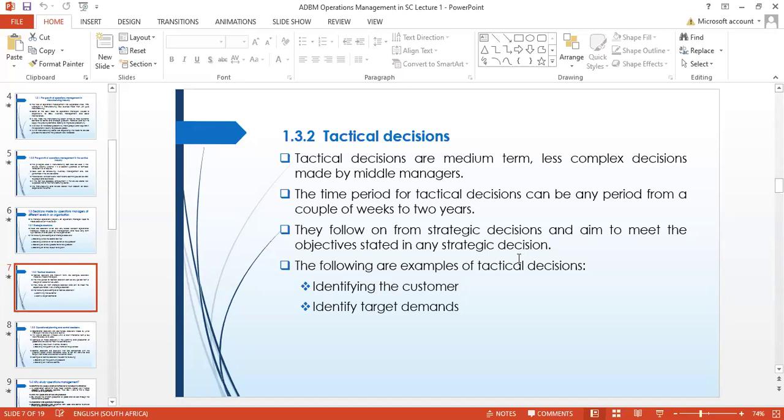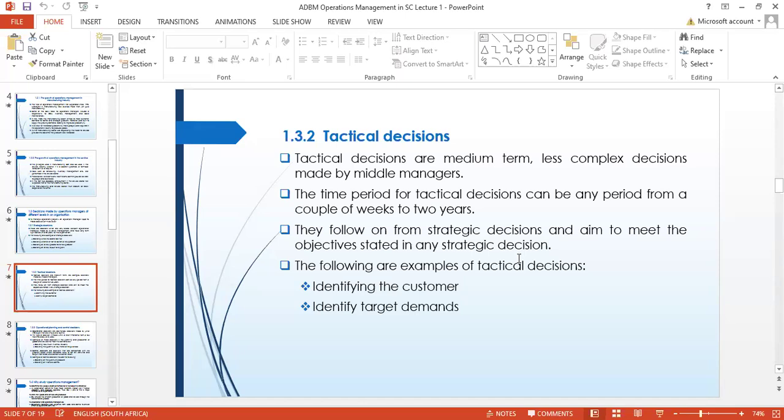And they fall on from the strategic decisions. So these ones try to achieve the objectives that are set at the strategic level, right? So the strategic level says what? The long-term decisions. And then the tactical level tries to achieve what has been set by the senior managers, right?